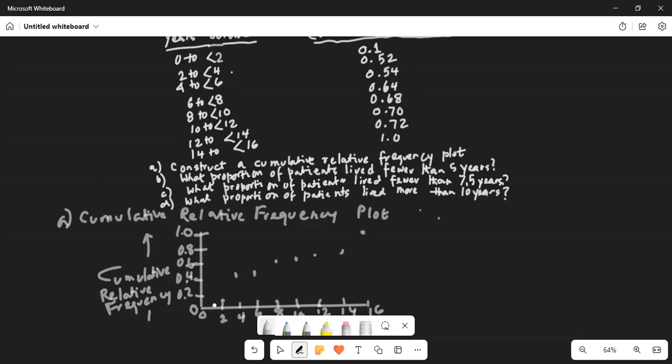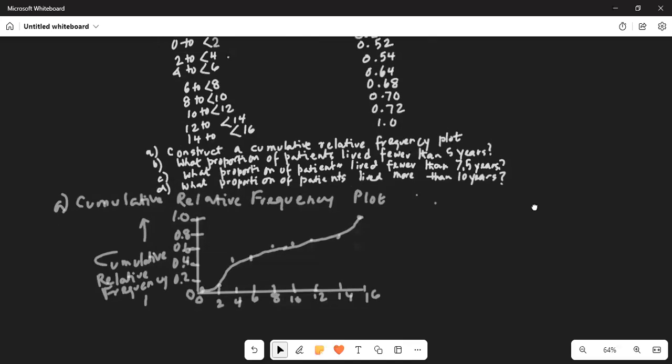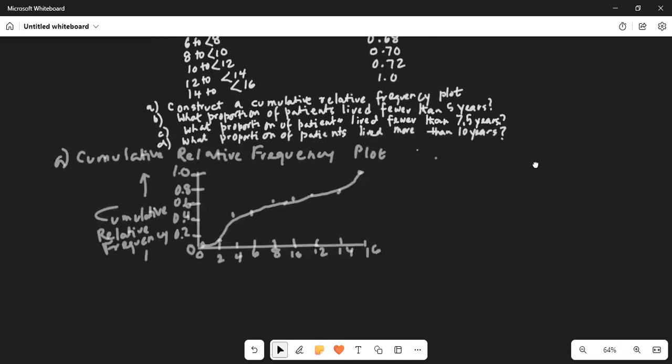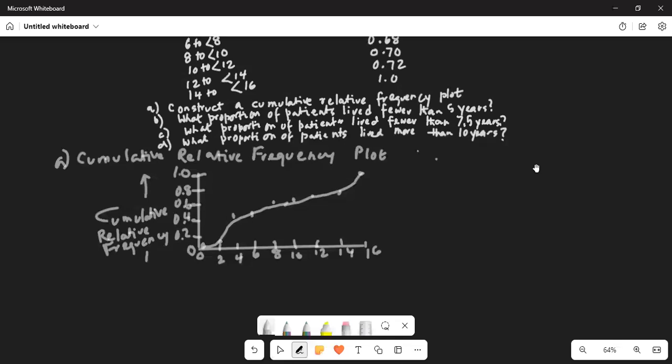So if I join this curve, assuming 0 at 0 to 2, it looks like this. That's your cumulative relative frequency plot with cumulative relative frequency on the vertical axis and the age group on the horizontal axis. So let me create some space now. So I might as well write age groups on the horizontal axis.